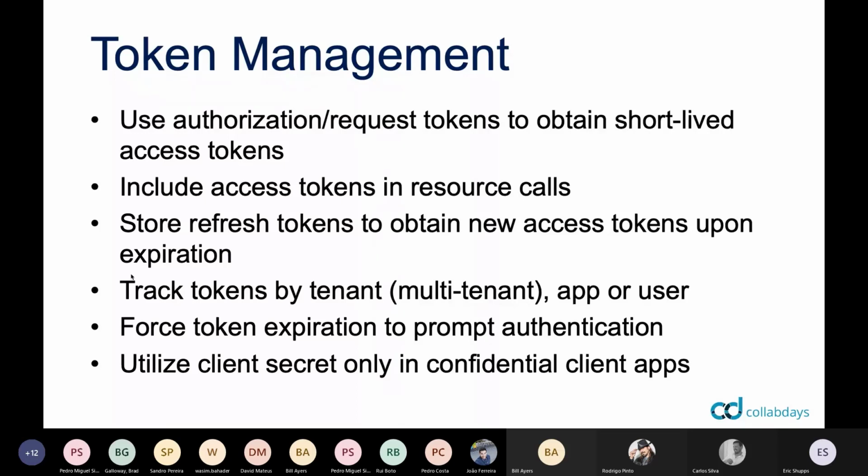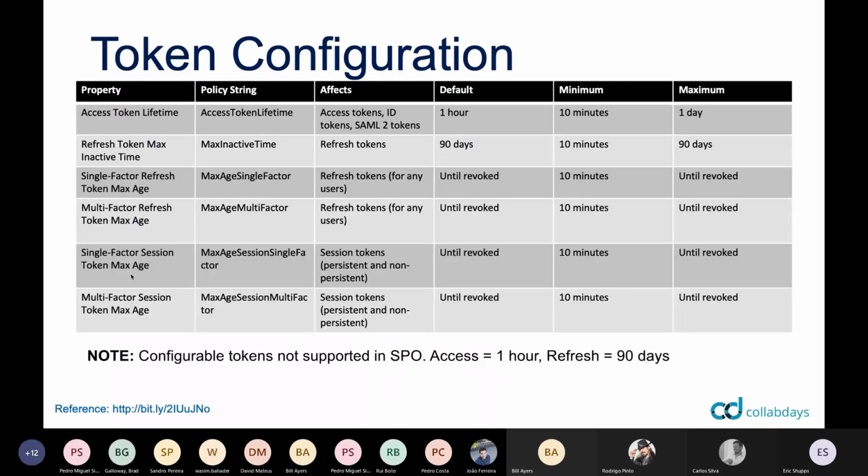Now, all of these flows are designed to do nothing more than token management for OAuth, because OAuth is a token-based authorization scheme. And this token management process will be slightly different depending on the type of flow that you are using. Each one of these types of tokens has different expiration parameters.